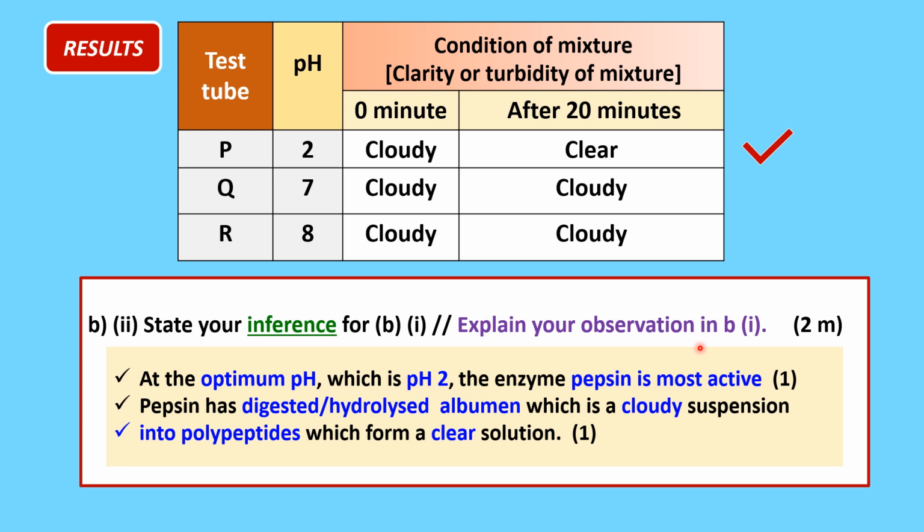The pepsin then digested or hydrolyzed the albumen, the cloudy albumen, into polypeptides, which form a clear solution. So we have to mention that the albumen is a cloudy suspension and the polypeptides form a clear solution. That's why there is a change in the turbidity of the mixture from turbid or cloudy to clear. So 2 marks for this.